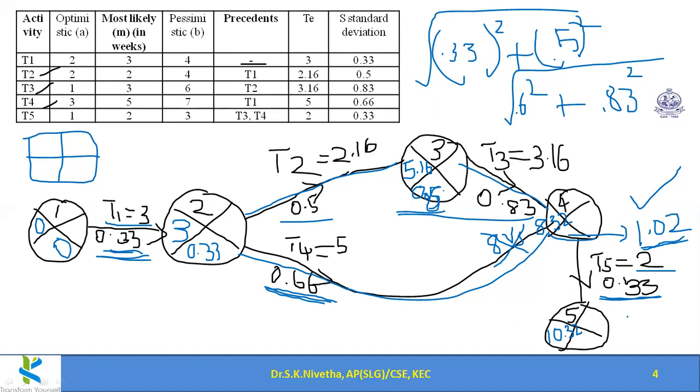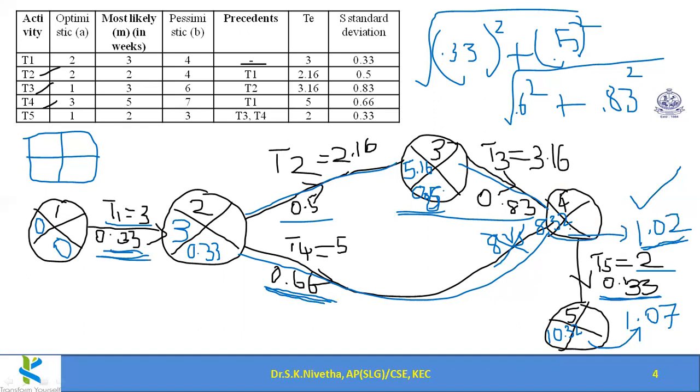Yes. 1.07. Very good. So here we should write 1.07. So now all the standard deviations for the events are calculated. So almost all the events we have completed.